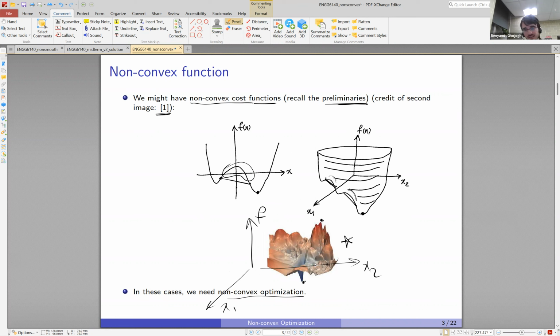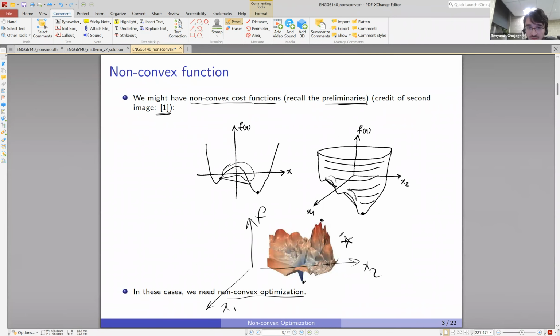That's why you can call it a landscape, although it might be a multi-dimensional landscape. In this case, you have two variables, and the third dimension can be seen as the cost. So it will be like the landscape on the Earth.